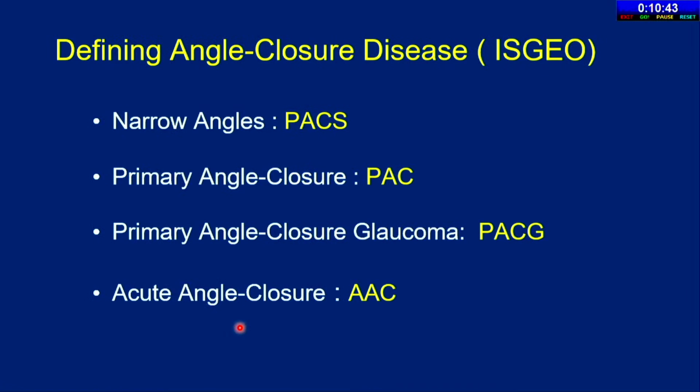Now, how do you classify angle closure disease? So we know that it's a spectrum of disease which starts from primary angle closure suspect, or just narrow angle, primary angle closure, primary angle closure glaucoma, and acute angle closure.